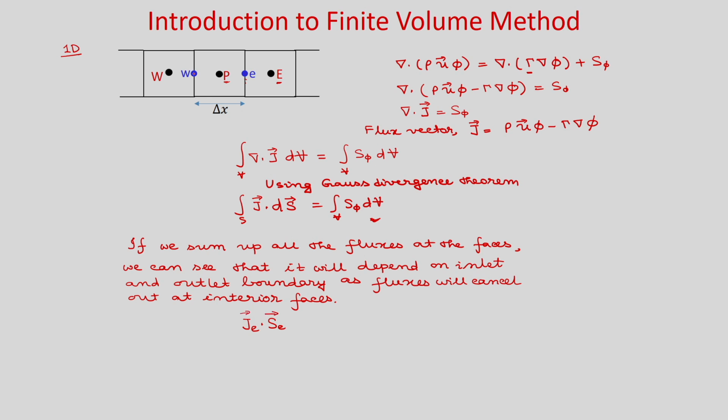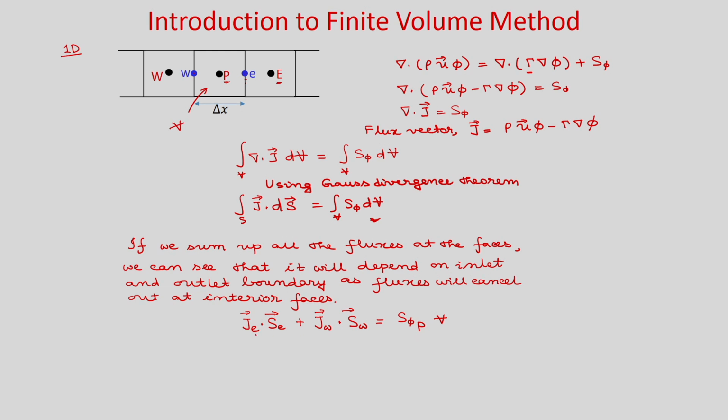And here we will write plus J_w dot S_w, okay, is equal to, now this volume integral whatever we have, we will consider one average value, and using the mean value approximation we will write S phi at the cell center P into V. V is the volume of this cell, okay.